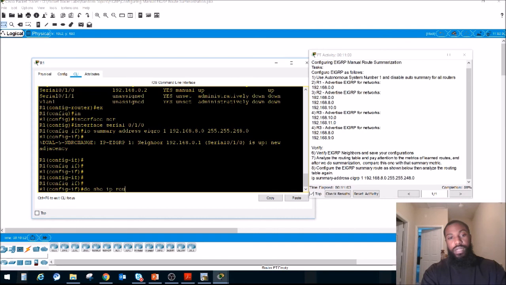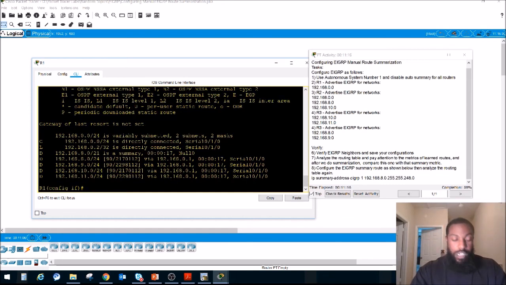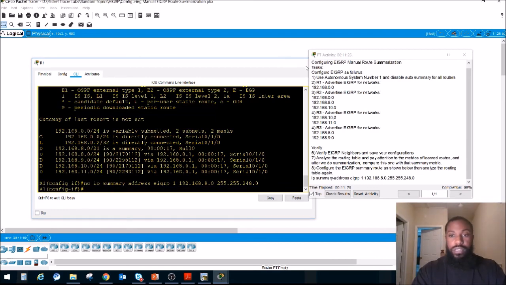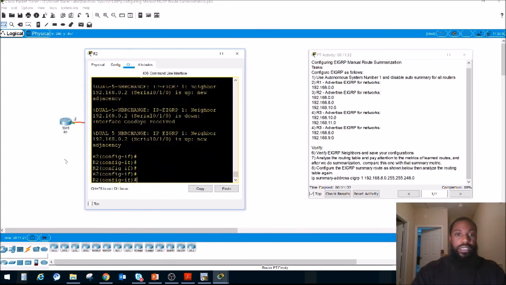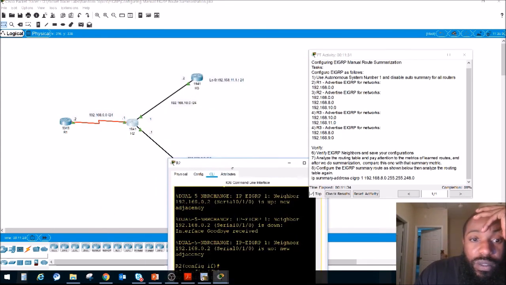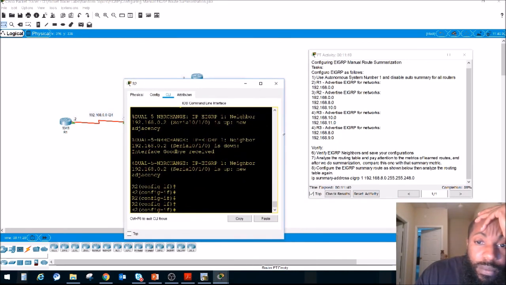Do show ip route. So now you got a summarized address. Let's remove that. Do a no, and put it back on that guy. It needs to be the serial interface, so I don't know why that ain't work.